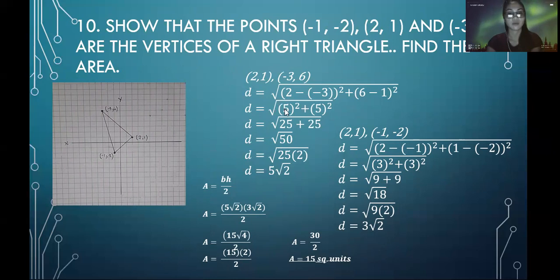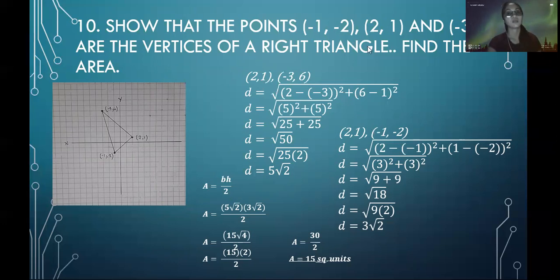So d is equal to the square root of 5 squared plus 5 squared, so negative... d is equal to the square root of 25 plus 25. So d is equal to the square root of 50. Then 50 will become the square root of 25 times 2. So the final answer is d is equal to 5 square root of 2.